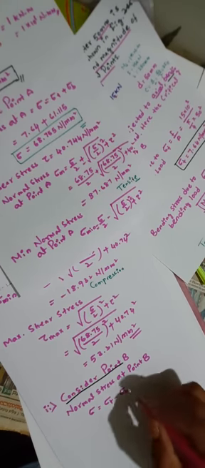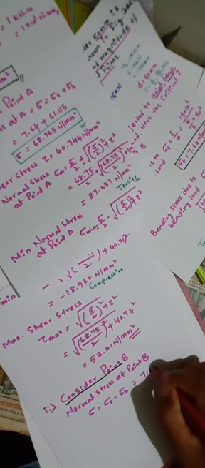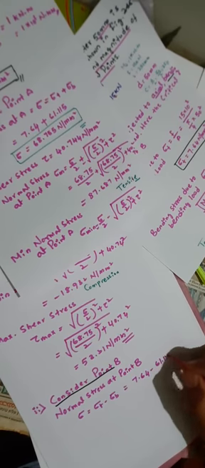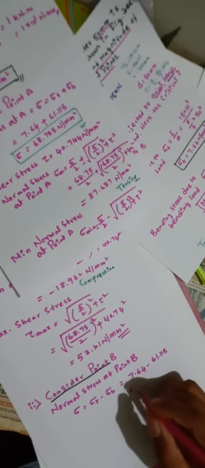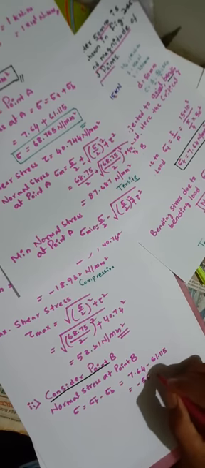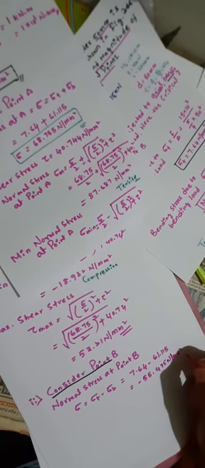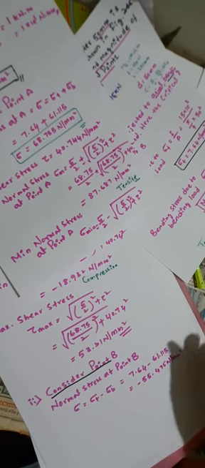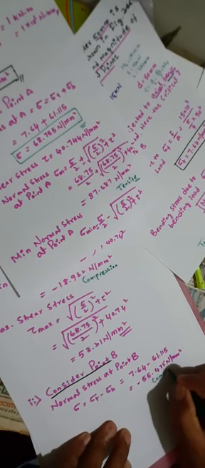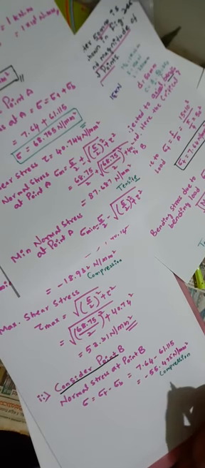So if you substitute the values, 7.64 minus 61.115, you will get around minus 55.475 Newton per mm square with respect to compression at point B.